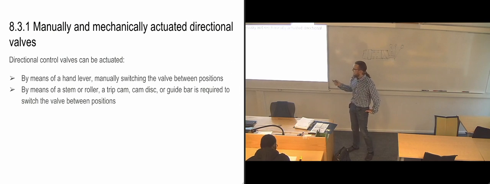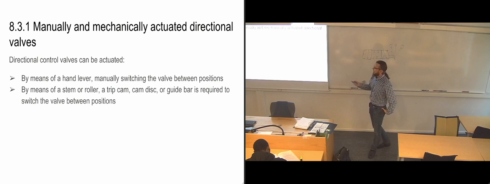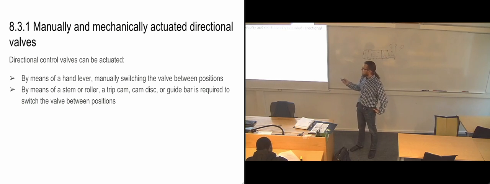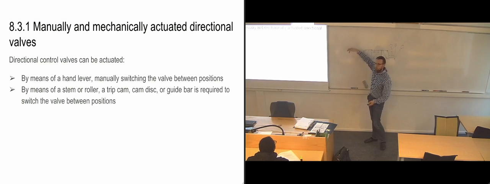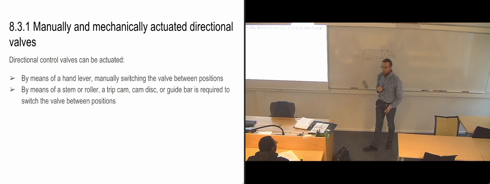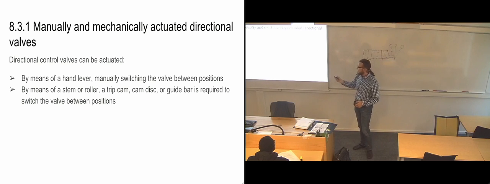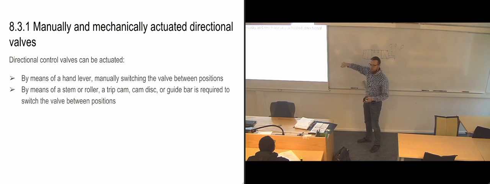So for the mechanical one, we've already looked at the stem and the roller, and it also mentions trip cam and cam disc. A trip cam would be more like the plate here, where we have a moving plate that's going to activate the roller. A cam disc means that we have a disc with cams on it, and as it's rotating, it has edges that are going to push on the roller.